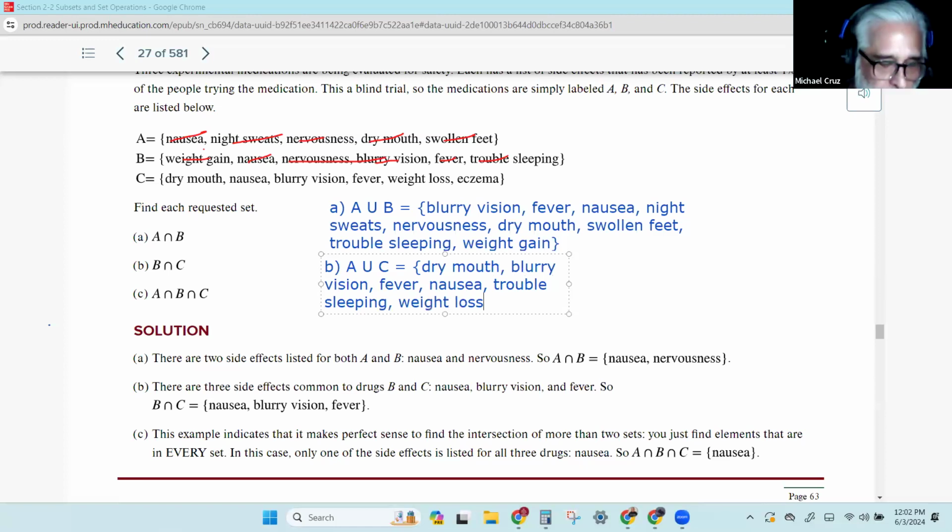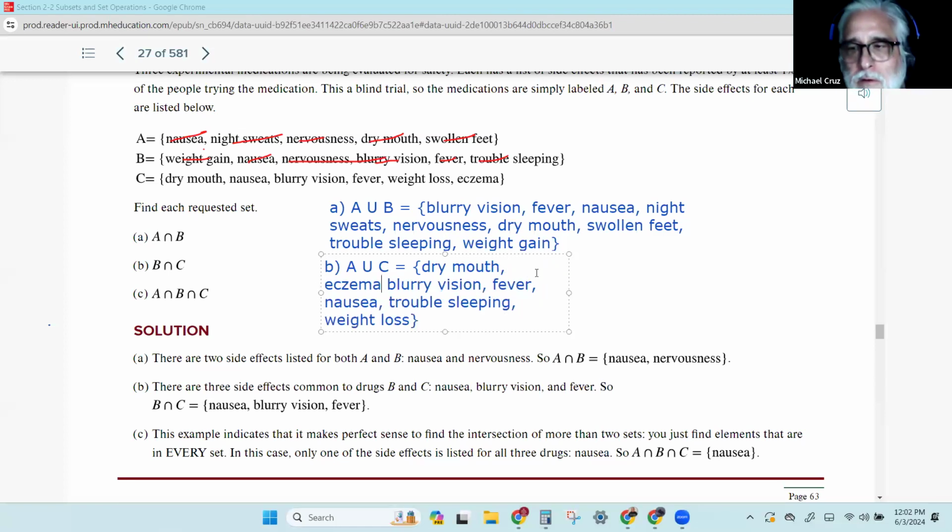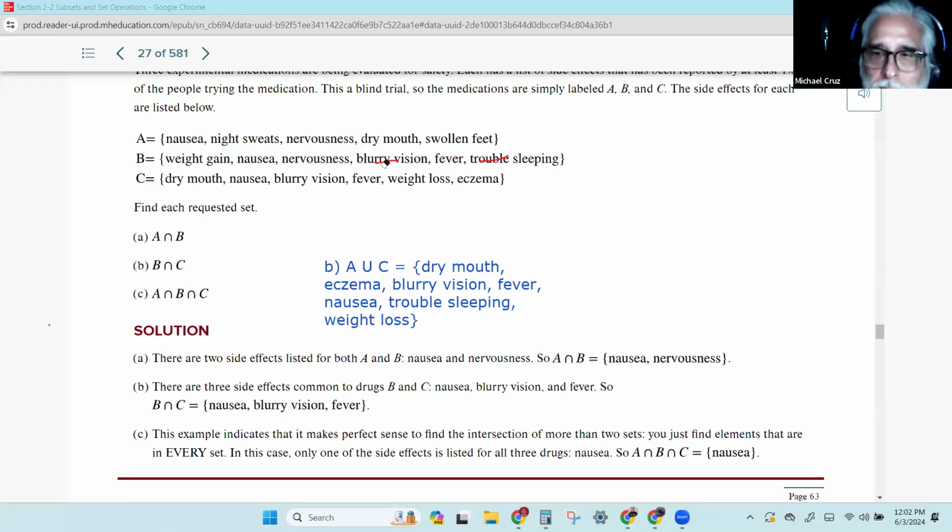This one's got another one that I didn't put. What about this right here? I can put that right there. Eczema. I think that's all of them. Let me go back through now and do what I did before. Let's make sure I got them all.